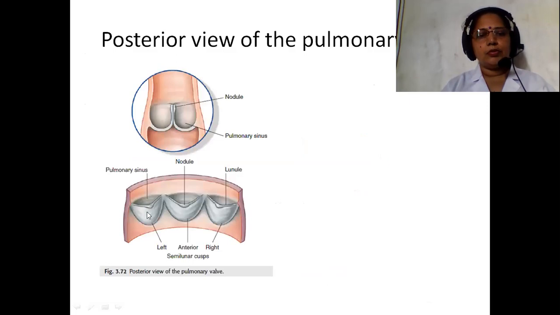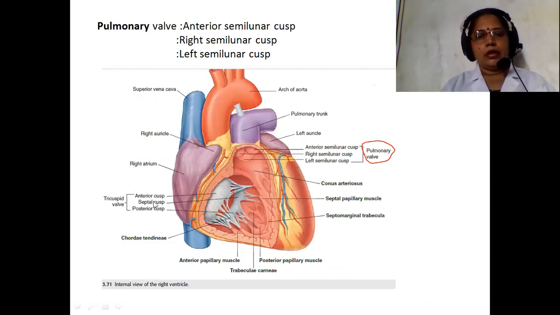Now, see, this is the posterior view of the pulmonary wall having three cusps. Here in the pulmonary wall we can see this compartment, which is the internal view of the right ventricle in the upper portion. Below this pulmonary trunk, the pulmonary valve is present.